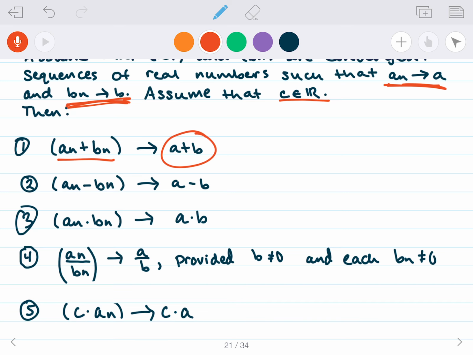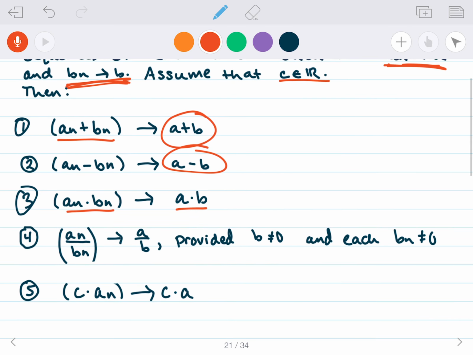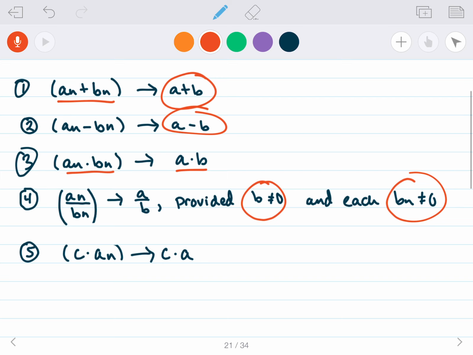The difference is going to converge to what you expect, a minus b. Multiplication converges to a times b. And same thing with division, but you can't have b equaling 0 or b sub n being 0 because of denominator restrictions. And then if c is a real number, then c times a sub n is going to converge to c times a, because a sub n converges to a.